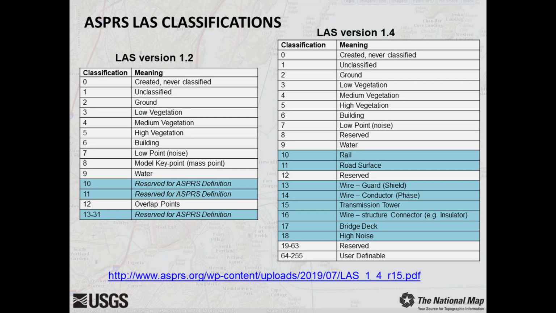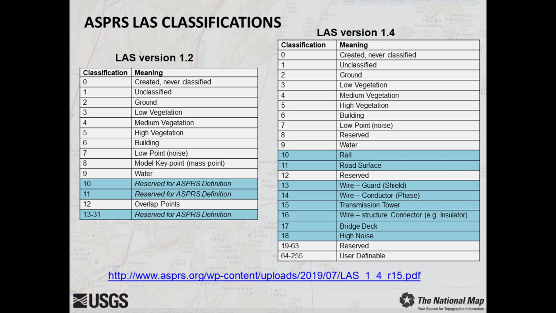Now that we know the LAS version is ASPRS version 1.2 format, we will compare the ASPRS LAS data versions 1.2 and 1.4 and note some of their differences. The American Society for Photogrammetry and Remote Sensing periodically updates the LAS file format, including changes to point classes.